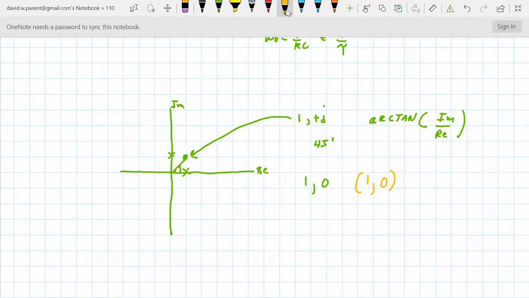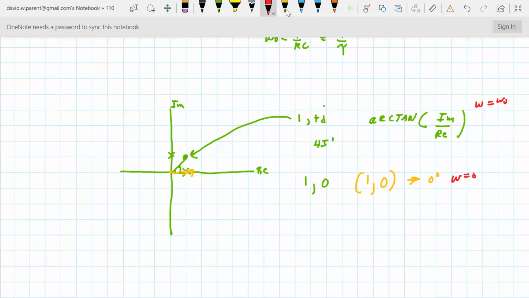So that puts me here. I don't go up any. And you can see the phase is 0 degrees. All right, so that's the first point. This point here would be where omega equals omega naught. This would be where omega equals 0.